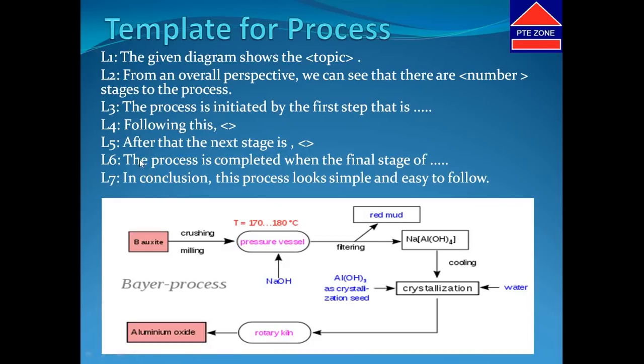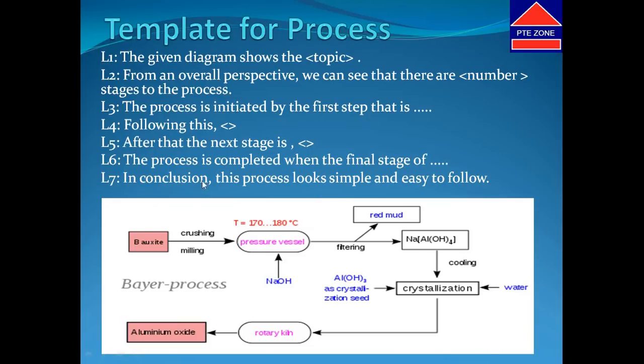So we will just repeat this: the process is completed when the final stage of, whatever the final stage is, just read that text or understand what the final stage is and insert that in this template. In the conclusion, you can say, in conclusion, this process looks simple and easy to follow, or you can say this process looks complex and difficult to follow.